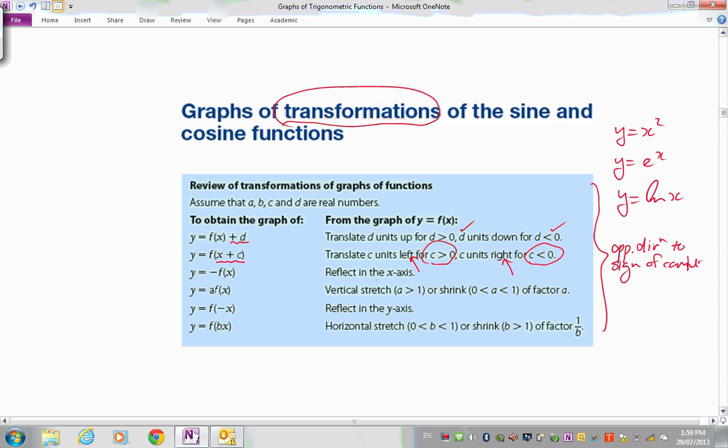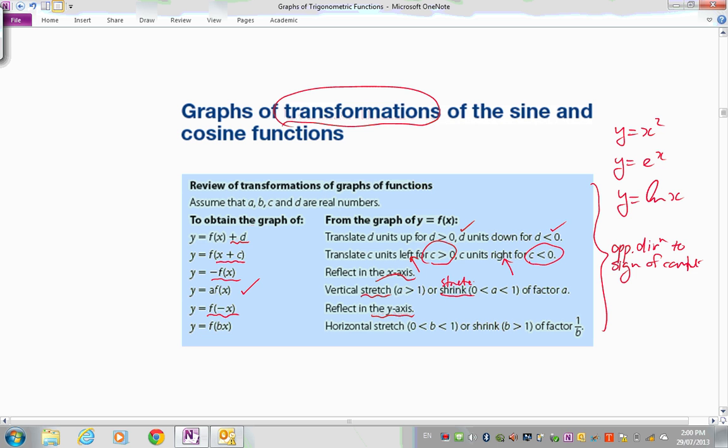Okay. Reflecting in the x-axis, you multiply the function by negative. If you are reflecting in the y-axis, I'll go down to this one next, then you put in negative x in place of x in the function. If you multiply the whole function by a number out the front, it's a vertical stretch. Here we generally say you don't usually use shrink.